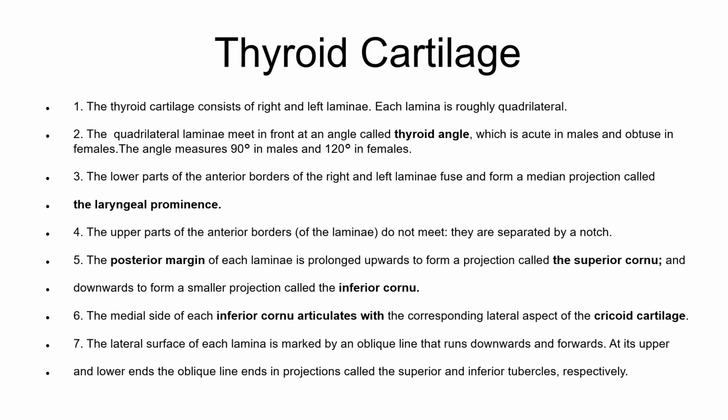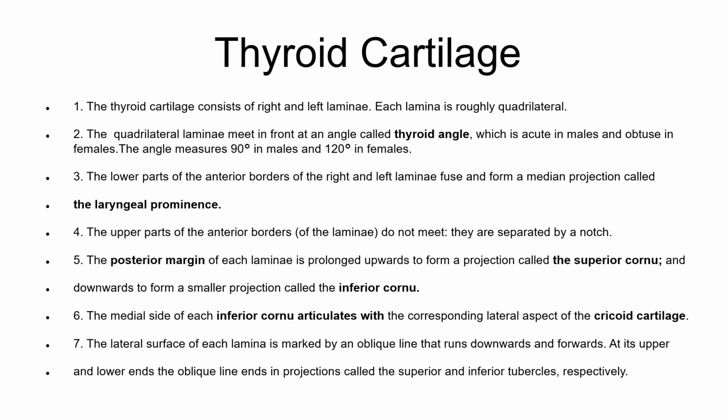Now, the most important for us to know is the structure of the thyroid cartilage. So, what is this thyroid cartilage? It is basically made of two laminae. Laminae means thin, square, leaf-like structures, which are two, right and left.